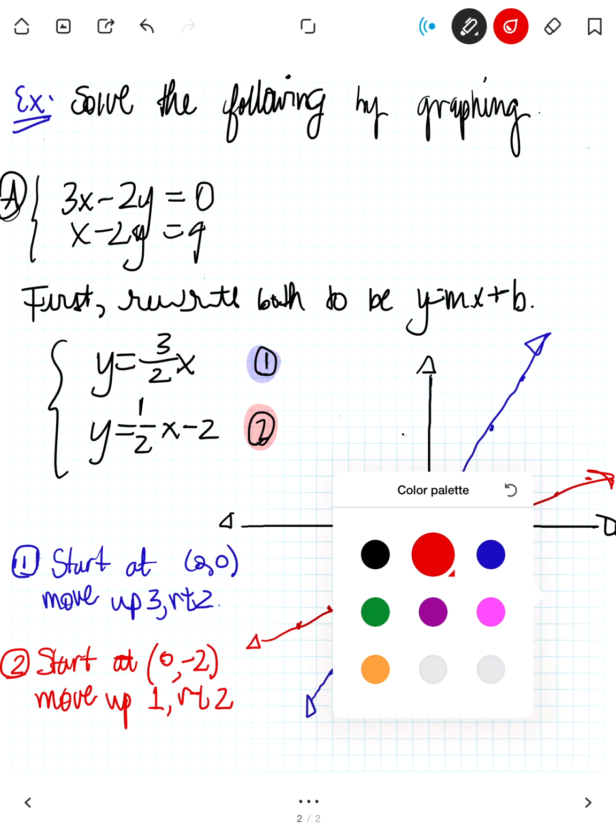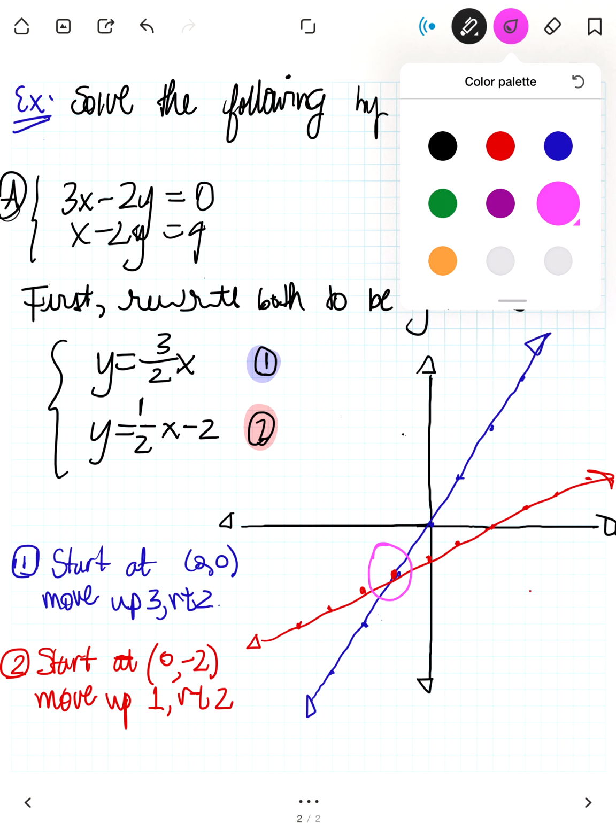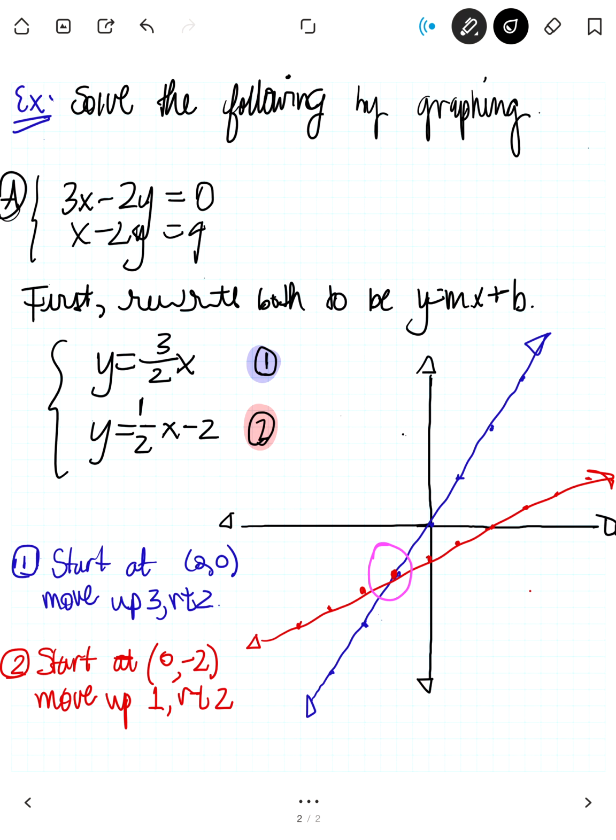So my solution then is this point right here where they've intersected, which is the point -2, comma, -3.